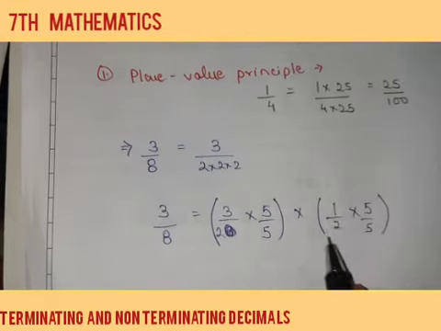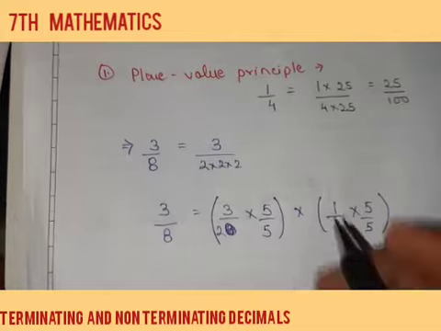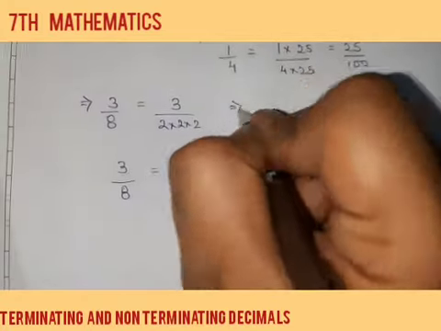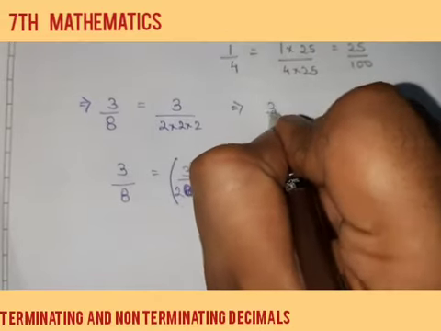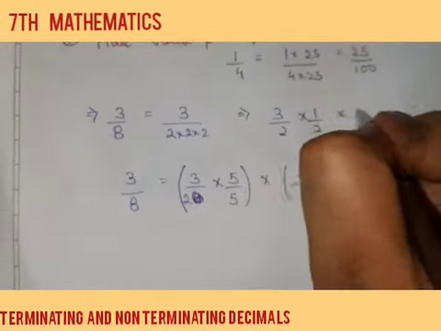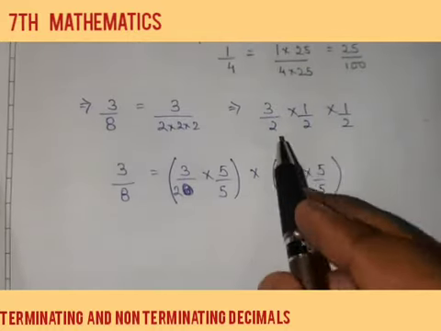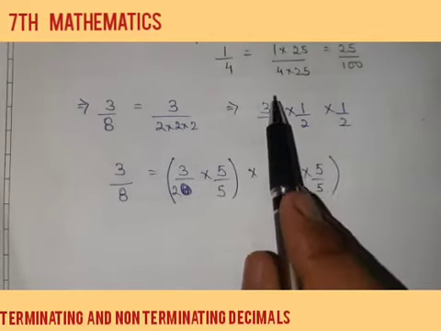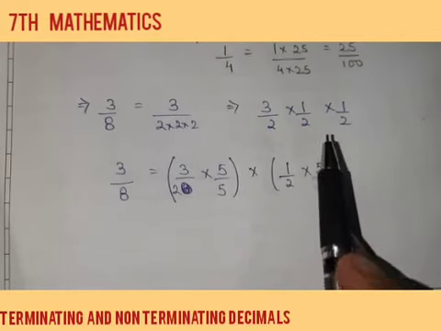Sorry, here will be 2, because now we will see the prime factors, not this. Now you must be thinking from where this 1 came. See, if we write it like this, 3 upon 2 into 1 upon 2 into 1 upon 2, because we need to represent each of the denominators in the form of 10. So we can write it like this separately.